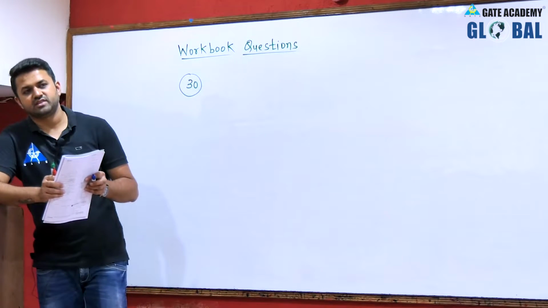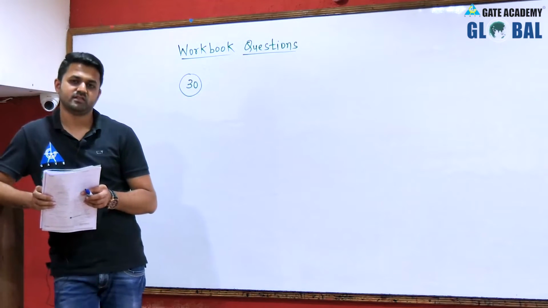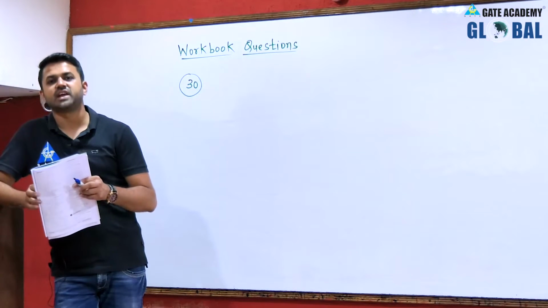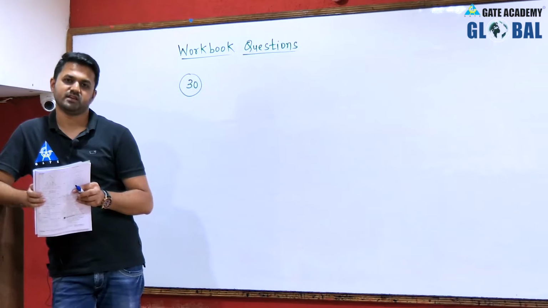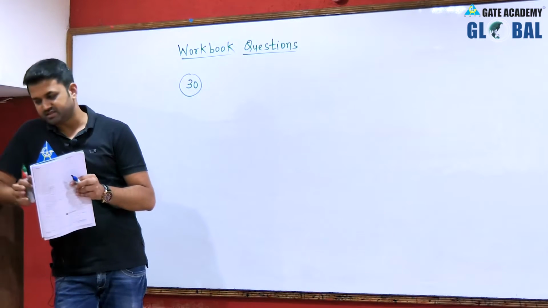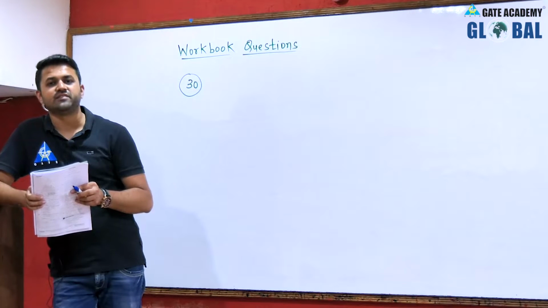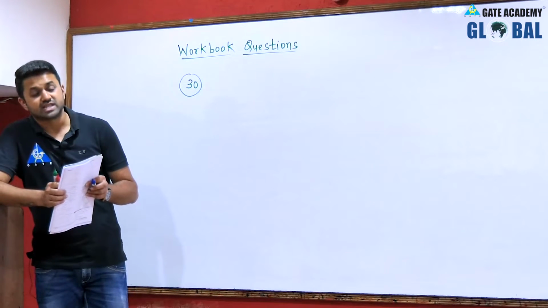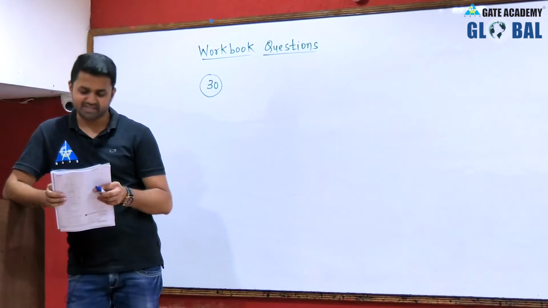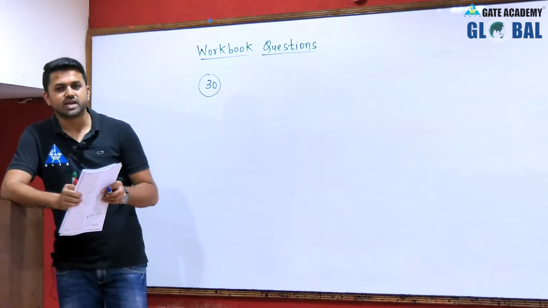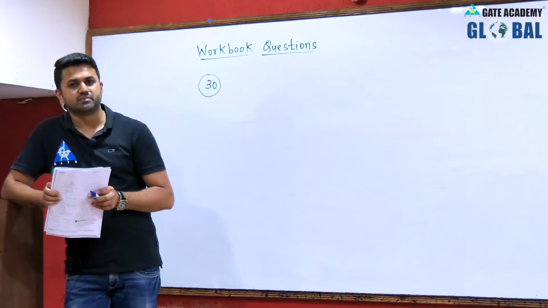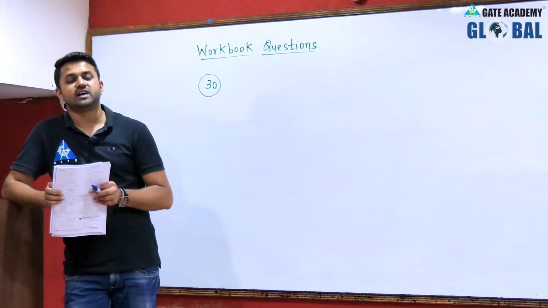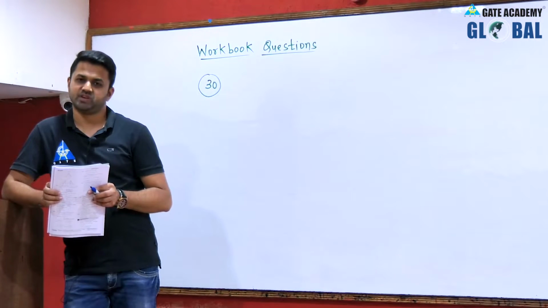Here we have to keep in mind that we have to generate double sideband suppressed carrier, which is centered about the carrier frequency of 1 megahertz. So whatever double sideband suppressed carrier signal is generated, its center frequency should be 1 megahertz.